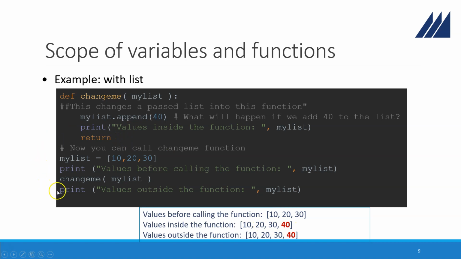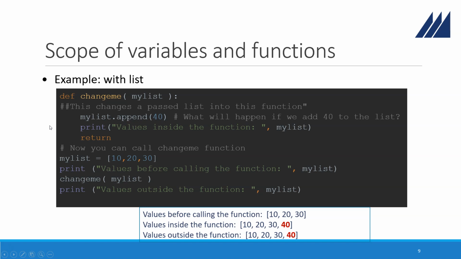And then I went back again here and printed the list outside the function, and the 40 was there. How come this happened without me using a global for this list? Well, because lists are mutable, different than strings and integers.